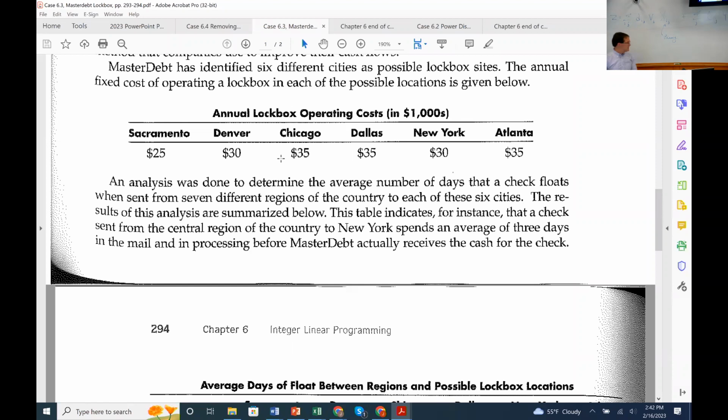Right? So let me slow down and fill in the definitions of the variables because that's important.